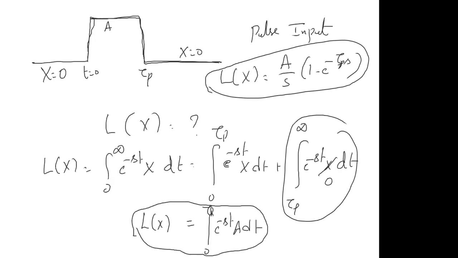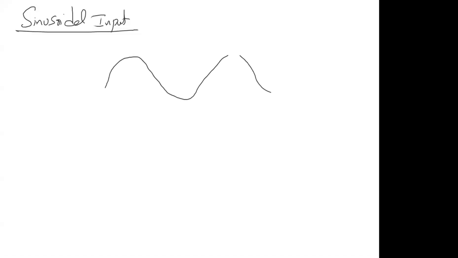This is called a pulse input. Suppose this pulse input affects my system, what is the response? That also you can try, and while solving problems I will tell you. Another type of input is the sinusoidal input, where the value keeps fluctuating.